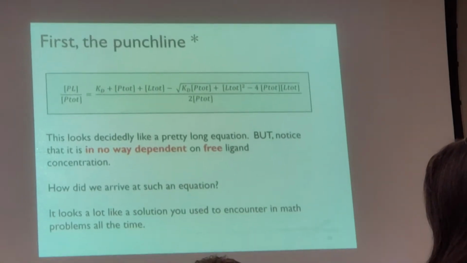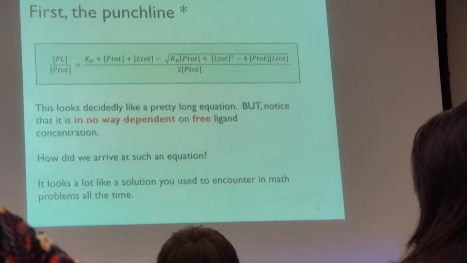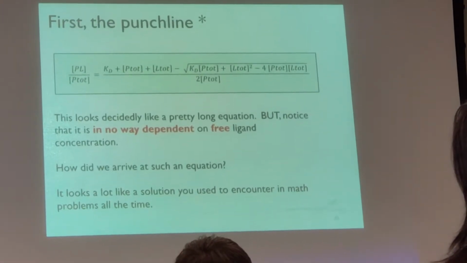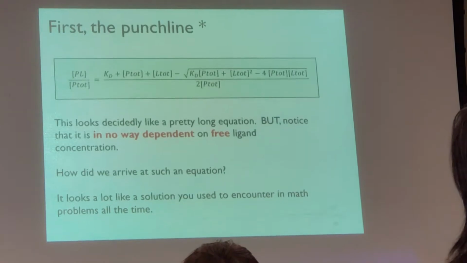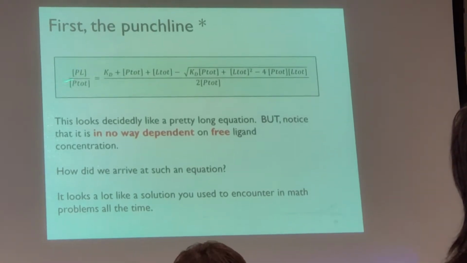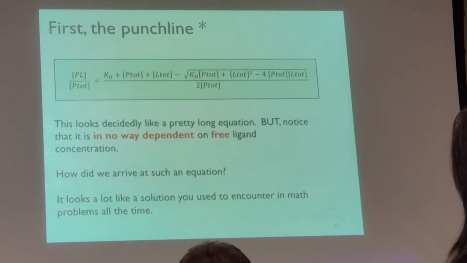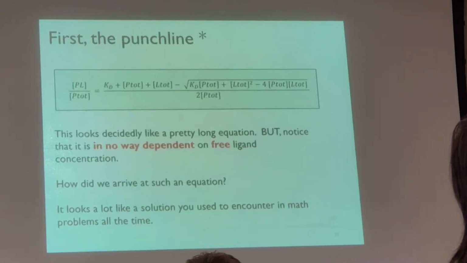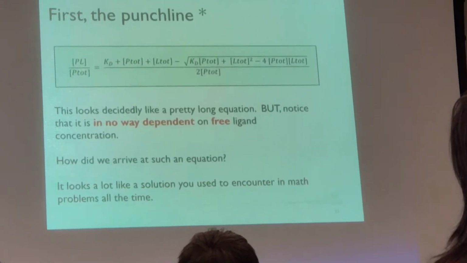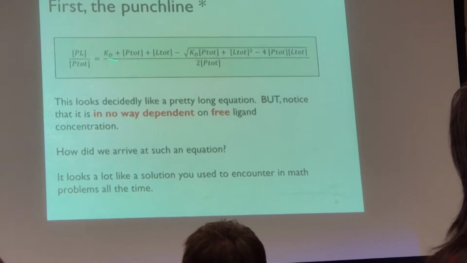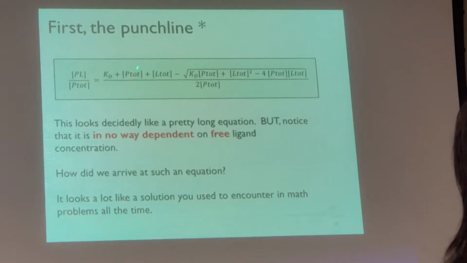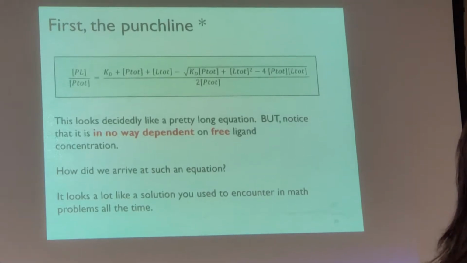All right, so all that being said, here's the punchline of the equation, and I will quickly talk about where it comes from. What I am plotting ultimately is my protein-ligand complex over total protein concentration. And if I look internally, I see that all of my protein concentrations are in the form of total protein. That's fine, it was before.